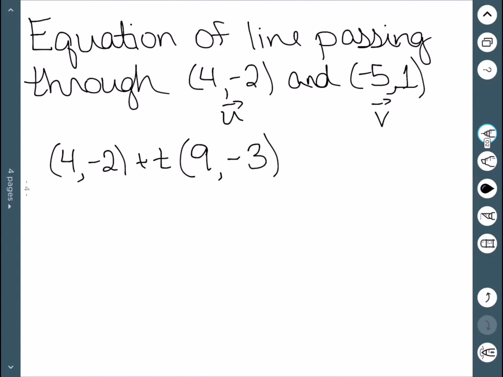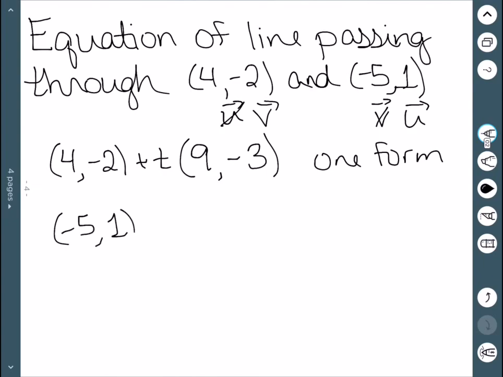So here is our equation. And just note that this is one form. If I would have switched these and called the first one v and the second one u, then I would have negative 5, 1 plus t times, now I would have negative 5 minus 4, and 1 minus negative 2.